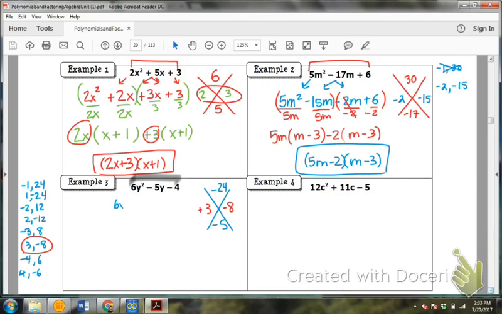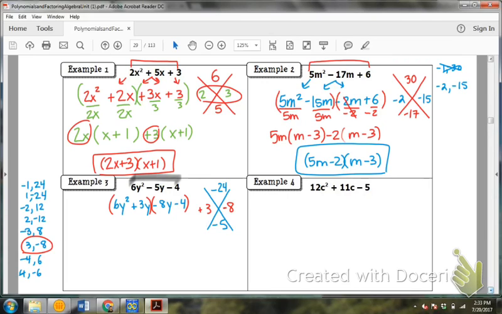So I should have 6y squared. What's going to go better with a 6? The 3. Okay. What can you pull out of the first group? 3y.